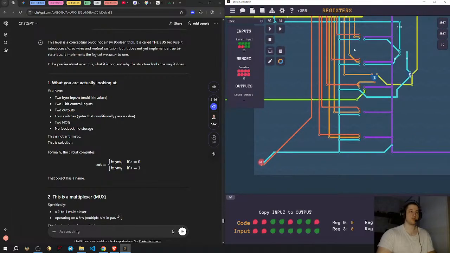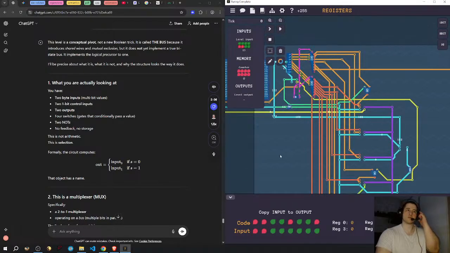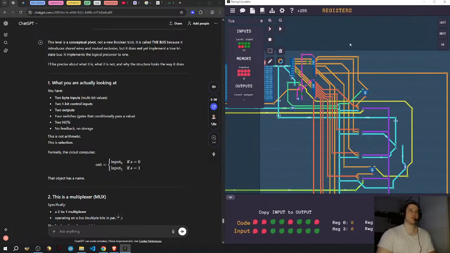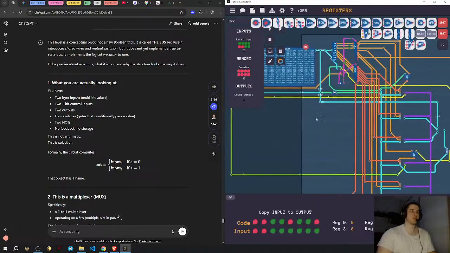Or maybe it's because I removed some gate here. Probably a full adder, I think. So I think this is an outdated solution.